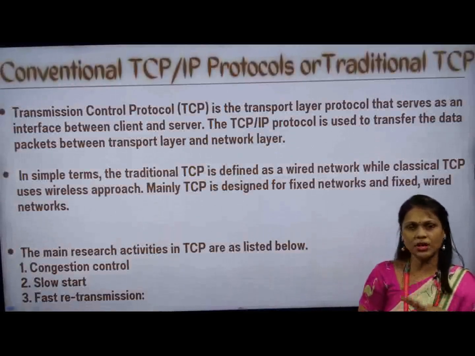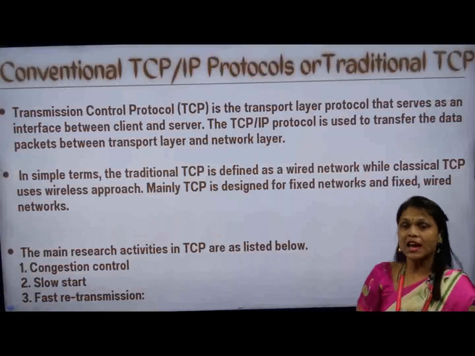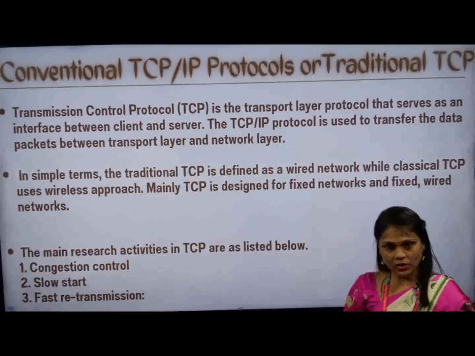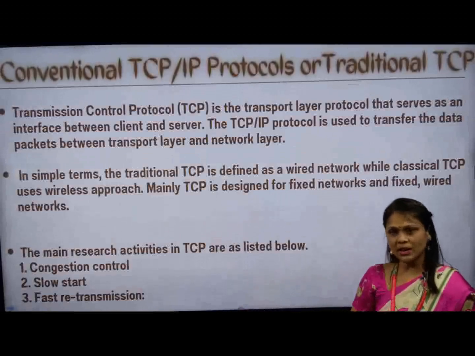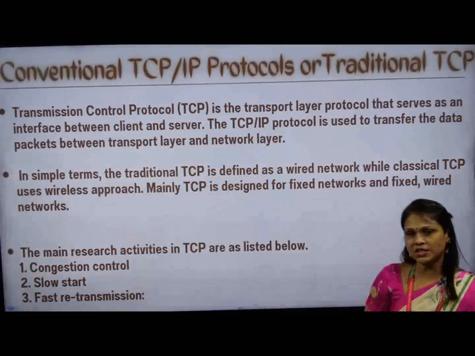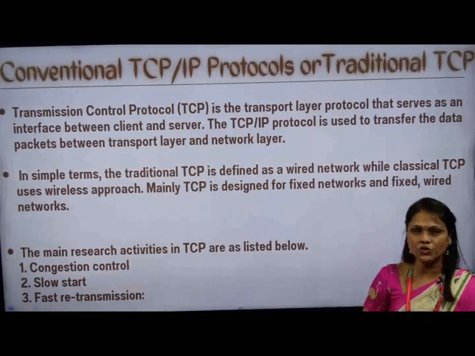So in short, remember that congestion control, slow start and fast retransmission are the 3 main activities which need to be focused on for a perfect TCP/IP. Now we'll see what each of these is and how it works or affects the implementation.